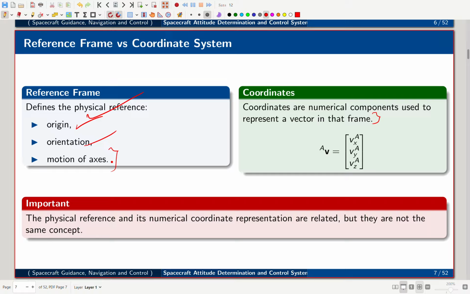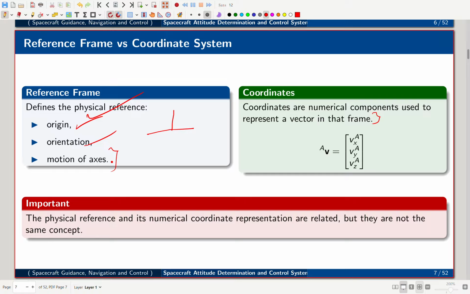It is important because only then will we be able to measure the value. This value, the vector components, we call the coordinates, right? But the reference frame defines the physical reference, whether it is position, velocity, acceleration, or orientation, right? To measure these quantities, we should have the reference frame, which consists of one origin plus 3 perpendicular orthogonal axes. Hope you understood.